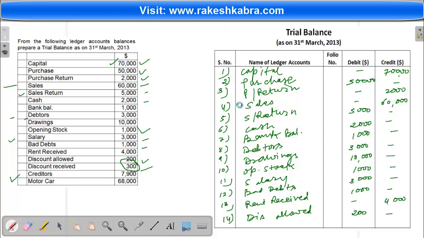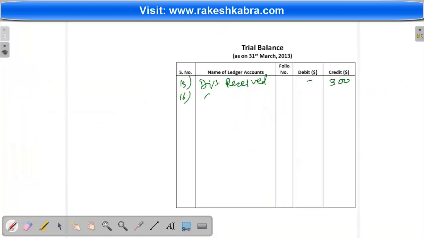So creditors I will write in the credit column, 7900. And one more thing, creditors start with C, C is the first letter, so it means credit balance. Remember this.